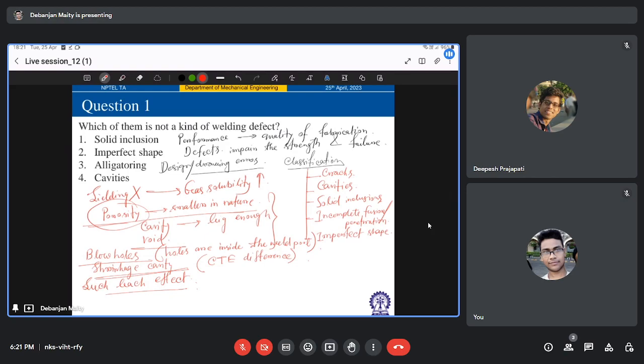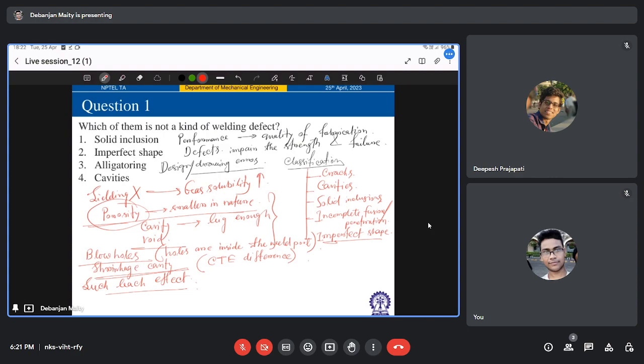And then you are having some imperfect shape. Imperfect shape means the contour which you are getting is unacceptable, right? The way it looks is basically not acceptable, and you have some dimensional deviation from the actual one, right? And you can have some undercut, or some underfill, and then there are also chances of overlap.